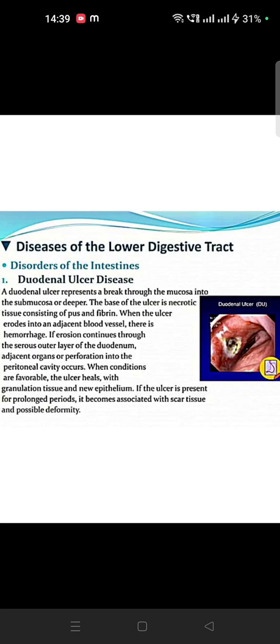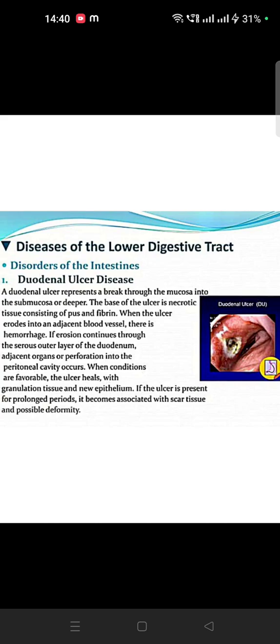Then diseases of the lower digestive tract. Duodenal ulcer normally happens, for example, in some PG students who stay up. Okay, so a duodenal ulcer extends from the mucosa into the submucosa. It is deeper, with necrotic tissue, considered to contain pus and fibrin. In that image you can see the ulcer. Involvement of blood vessels can cause hemorrhage.